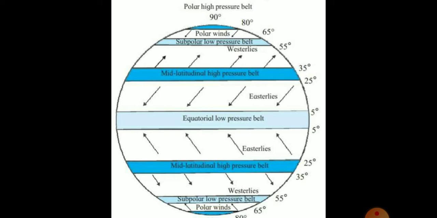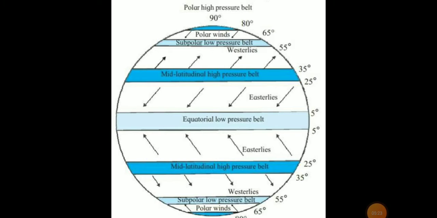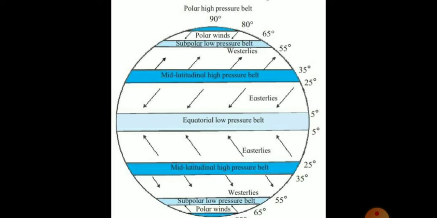Pressure belts are seasonally identical horizontal pressure variations created in the earth's atmosphere just above the earth's surface due to seasonal variation of energy received by the earth at different places.